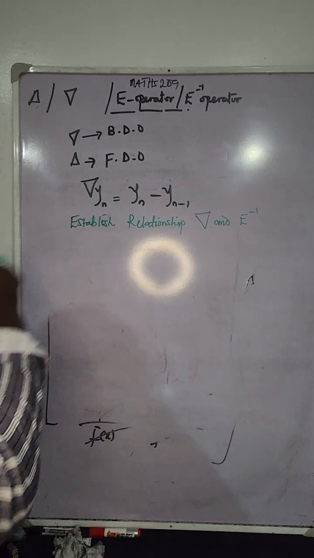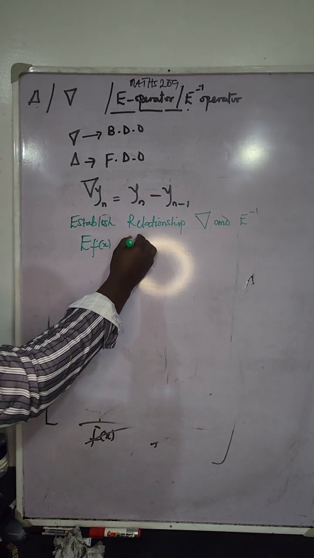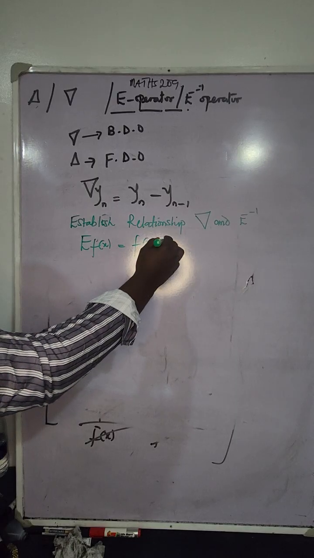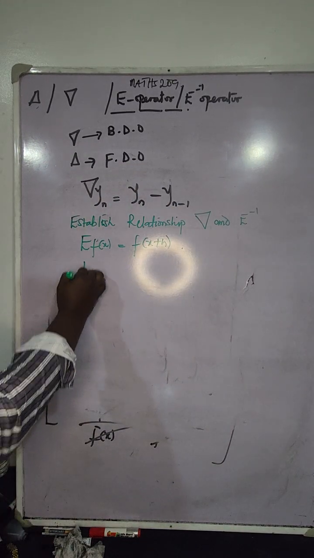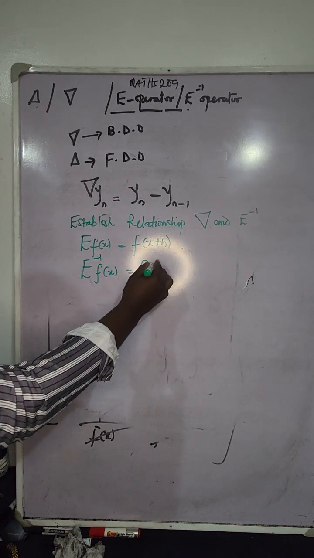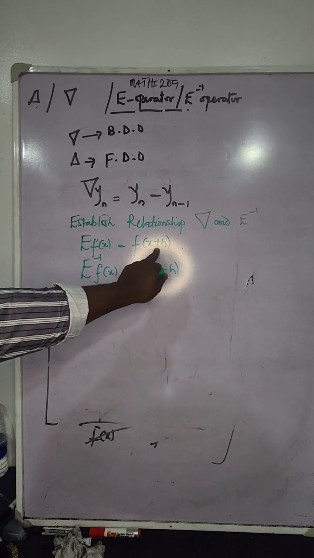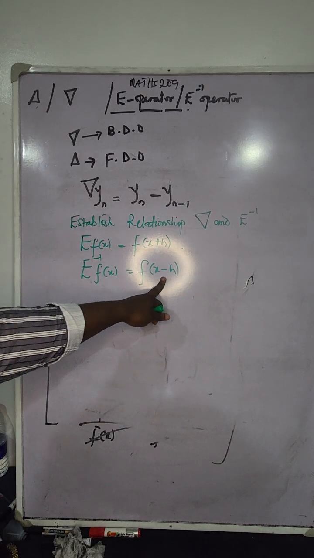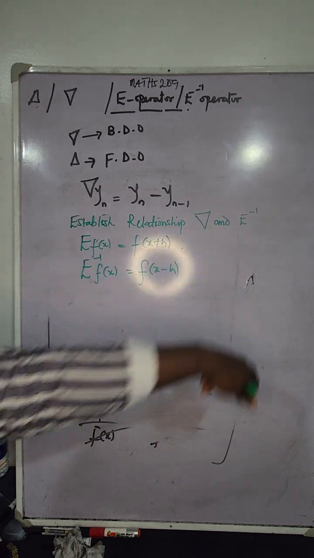Now, remember, just as E of f of x means push this to the front, E inverse of f of x means push it to the back. So if going front is plus h, going back will be minus h. So E inverse of f of x is f of x minus h.